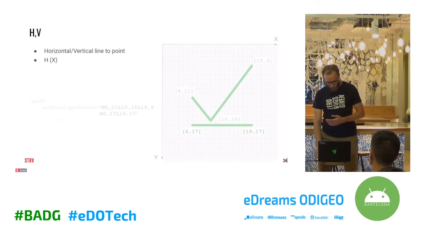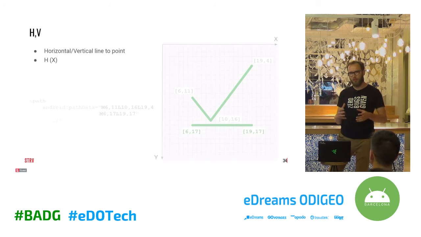So it's to a point, and for a horizontal line, you only specify the X point you want to move to, because the Y-axis doesn't change, and for vertical, vice versa.